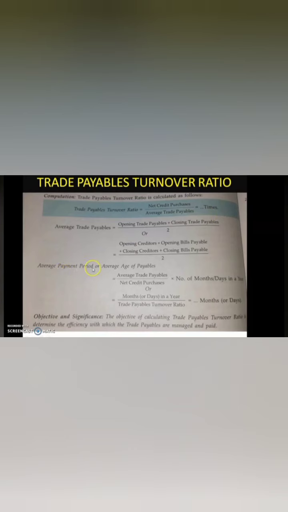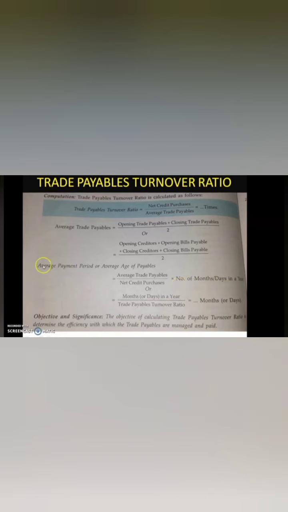Next, the average payment period, or average age of payables. To calculate the average payment period, there are 2 formulas; you can use any one and you will get the same result. Average trade payables divided by net credit purchases into the number of months or days in a year. That is the reverse of the turnover formula, into the number of months or days in a year.